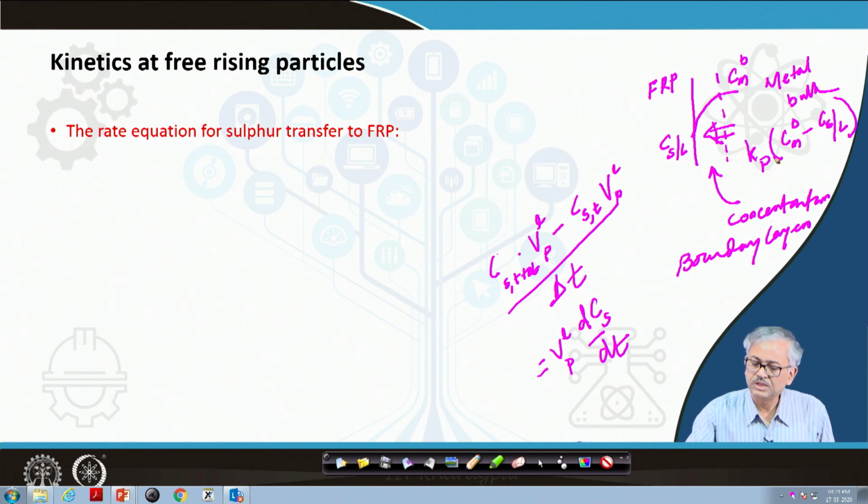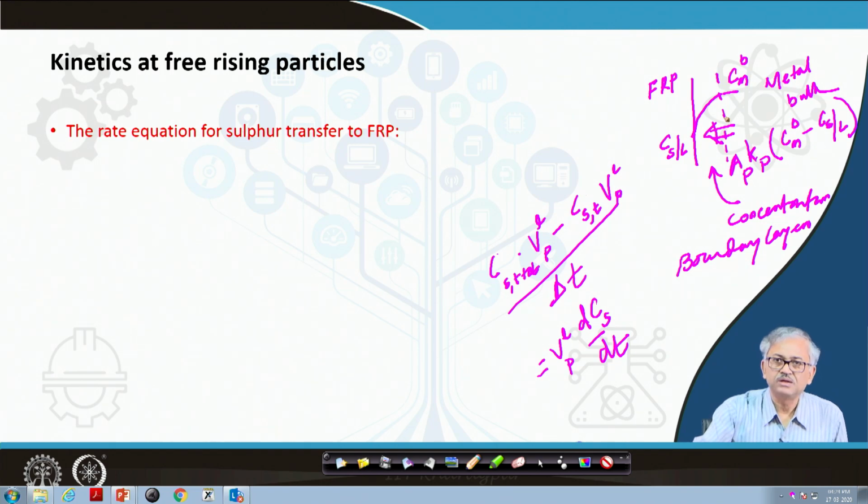So this much is going there, and this is basically a flux, and you multiply it by the area, that will give you the mass. This is basically the mass per unit time, or the impurity per unit time, crossing the concentration boundary, and that much impurity will be gained by the FRP.